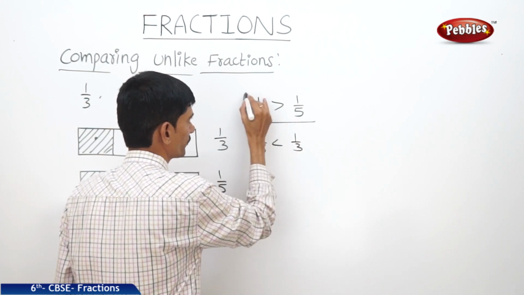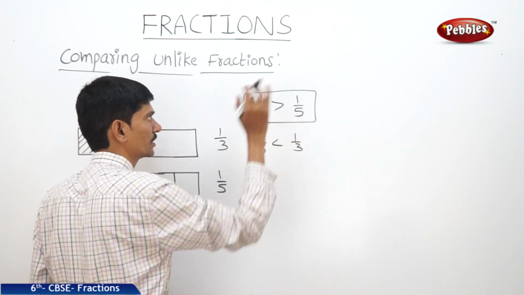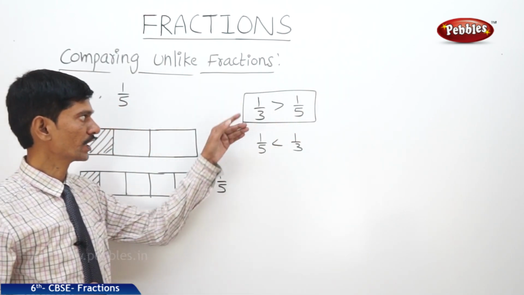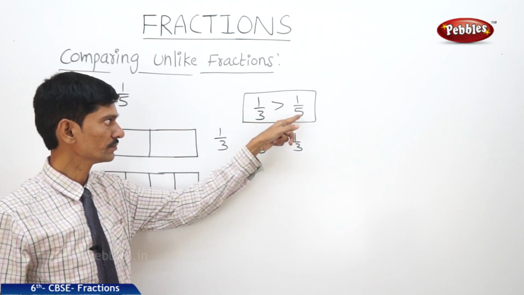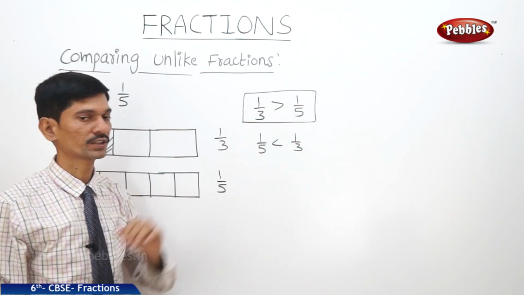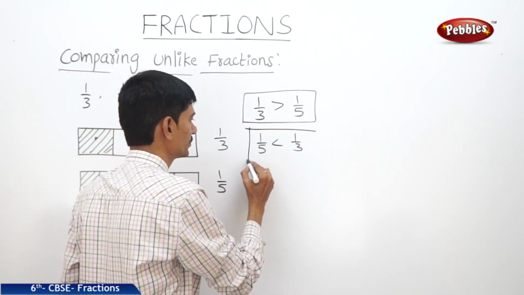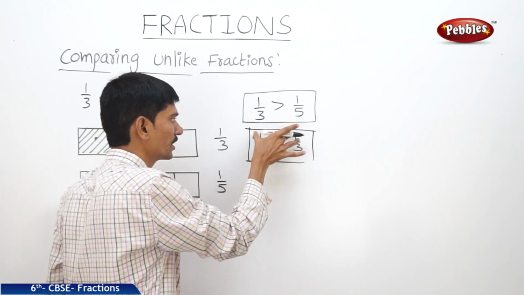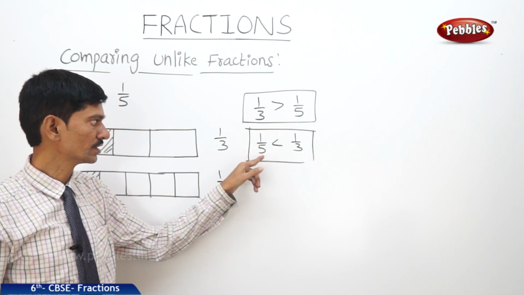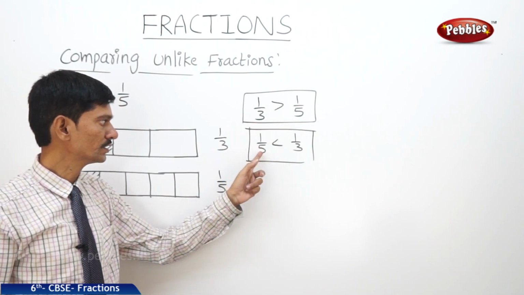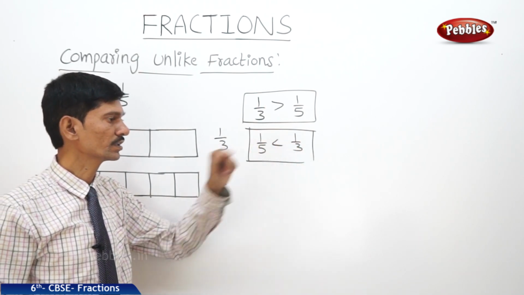Now when two fractions have different denominators and the same numerator, the fraction with lesser denominator is more than the fraction with larger denominator. So when the denominators are not equal and the numerators are equal, the fraction with larger denominator is less than the fraction with smaller denominator.